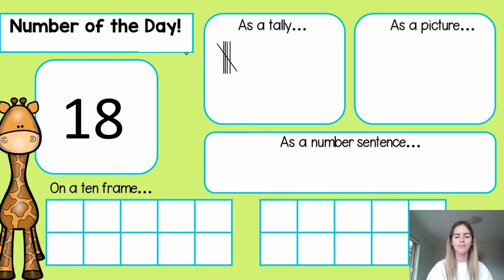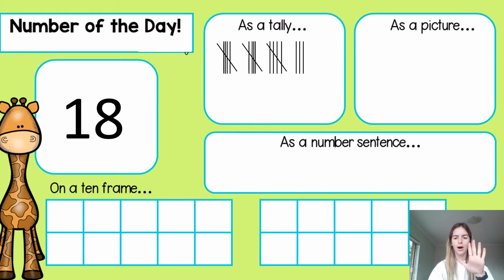So there's 5, 6, 7, 8, 9, 10, 11, 12, 13, 14, 15, 16, 17, 18. And then what I can do is I can look at my groups of 5 because they're in bundles, and I know that the 5th one always goes across as a diagonal.